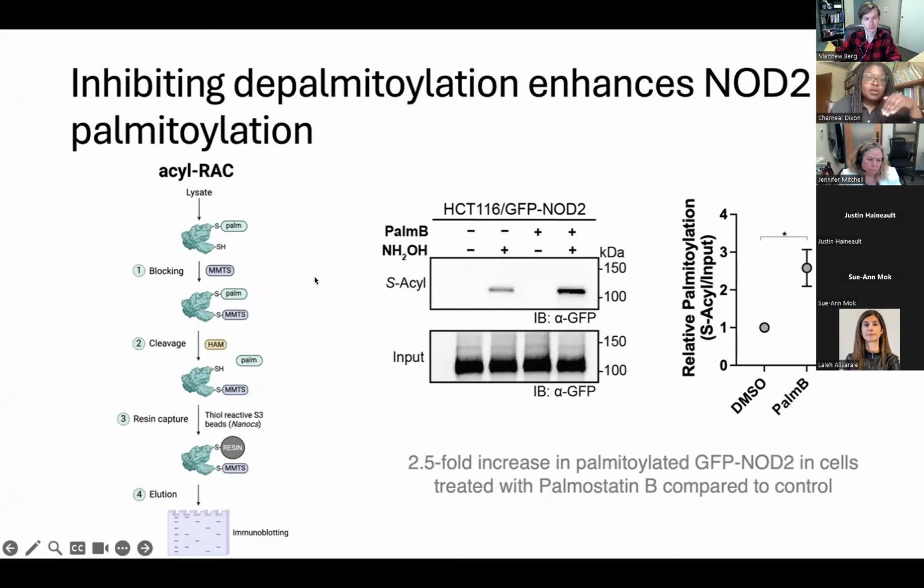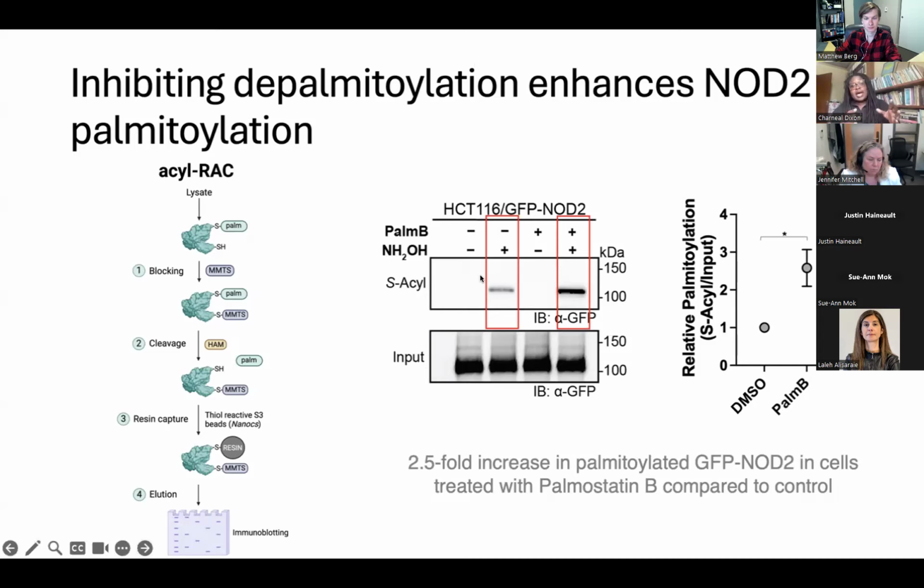Now, what we found when we immunoblotted for GFP NOD2 after doing acyl-RAC was that we were able to capture more than double the amount of palmitoylated protein in cell lysates from cells that were treated with palmostatin B compared to the DMSO control.